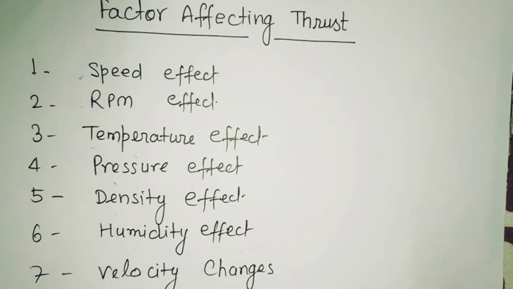When forward speed of the aircraft is increasing, at that time thrust will decrease. Why? Because incoming airflow is passing through this inlet and coming to the compressor, so temperature will rise due to speed of the aircraft. If temperature rises, that means density will reduce, then thrust will decrease.